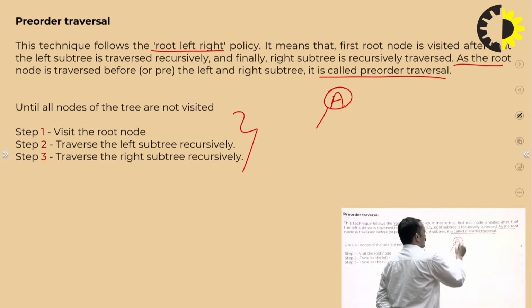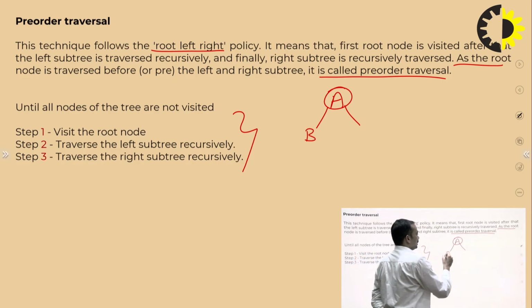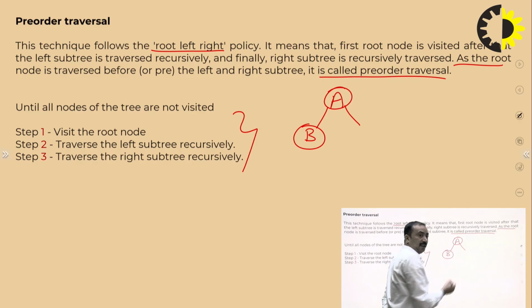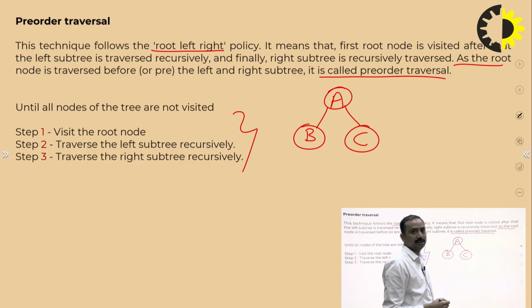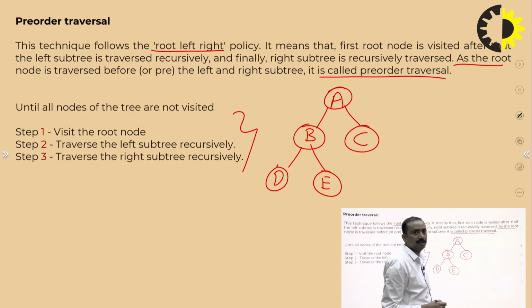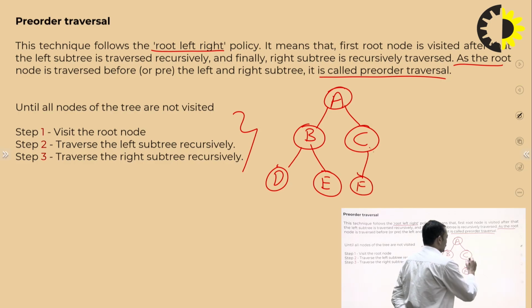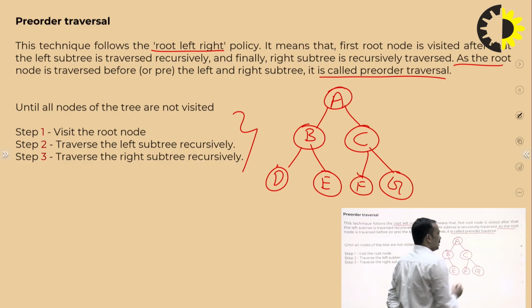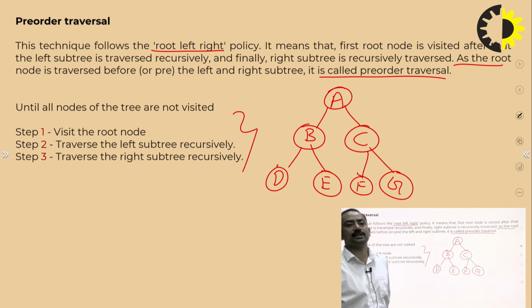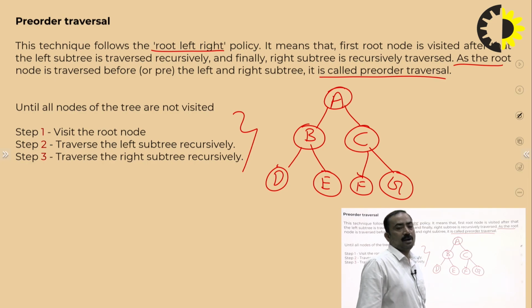Now, for understanding this theory, suppose we have a tree where A is the root node, B and C are the children of A, D and E are the children of B, and F and G are the children of C. Now, I want to visit this tree with pre-order traversal.